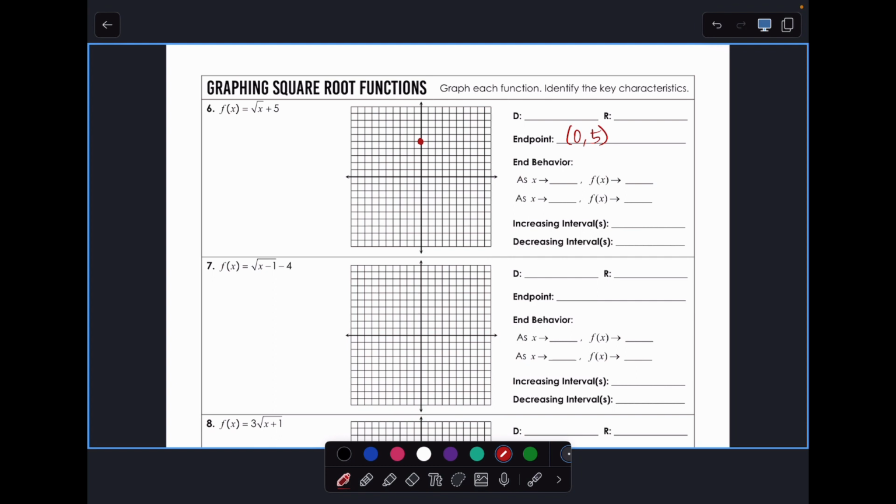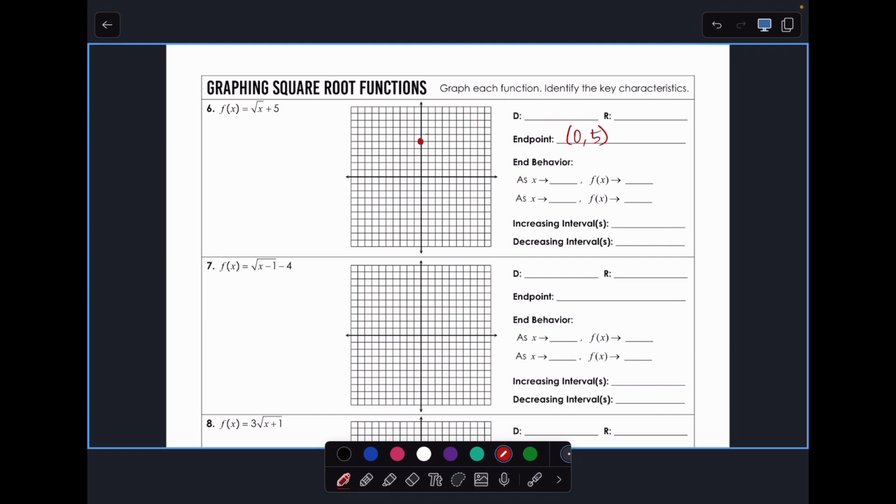Is this going to be a normal stretch, or is it going to be vertical stretch, vertical compression? It's going to be exactly the same. So you need to imagine this as your x-axis. If I go to the right 1, that's square root of 1. What's square root of 1? 1, so it's just going to be 1 unit up. Does that make sense, what I'm doing?